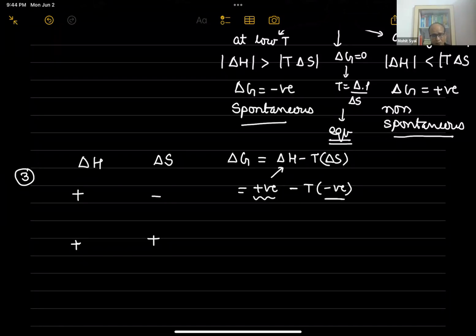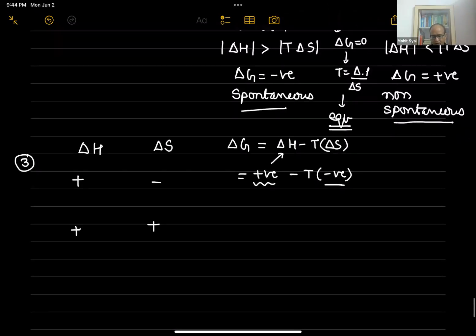It will be given with numerical values also, but here, for the sake of simplicity, I have given just a sign. This is minus minus, so this was positive, and this is also going to be positive at all the temperatures.